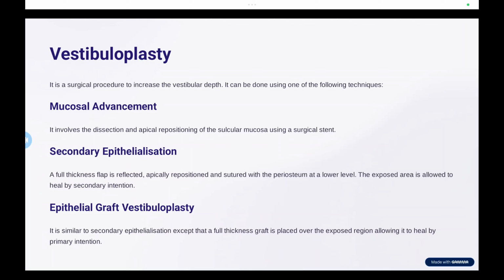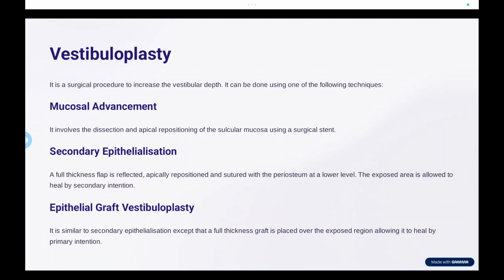Now, secondary epithelialization, in which the full thickness flap is reflected, and then we apically reposition the mucosa and suture that apically repositioned mucosa to the periosteum at a lower level, so the exposed area is allowed to heal by secondary intention.